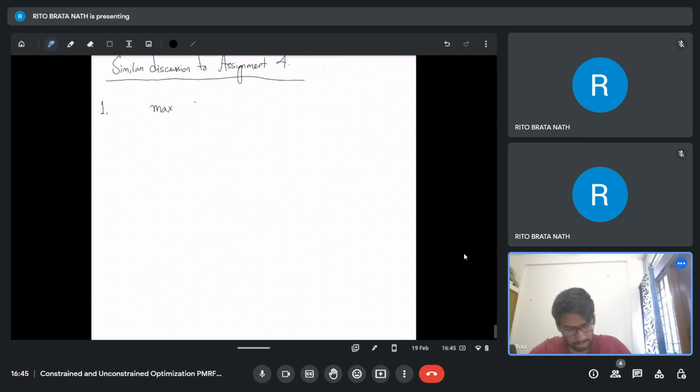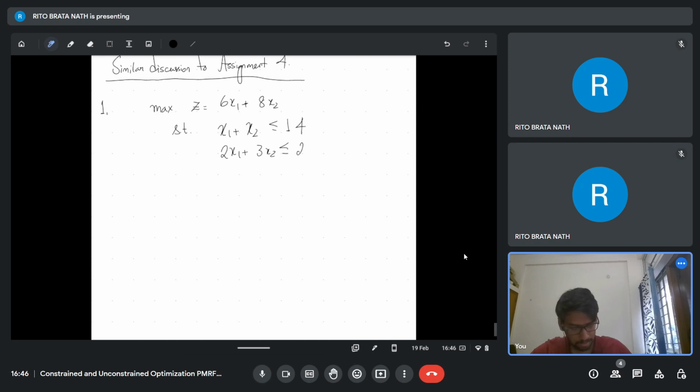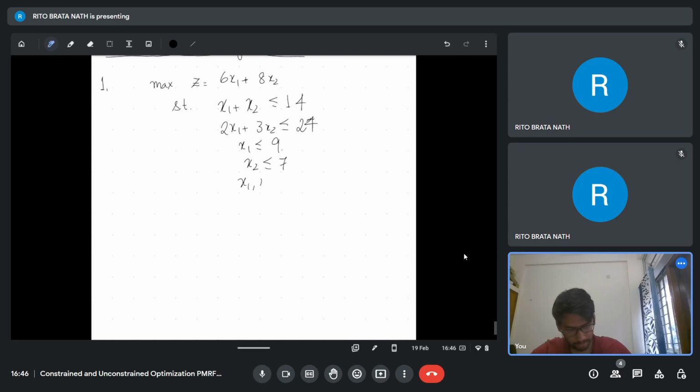Say max of z, say 6x1 plus 8x2, subject to, say I give you x1 plus x2 less than or equal to 14, and 2x1 plus 3x2 less than or equal to 24, and x1 is less than or equal to 9, and x2 is less than or equal to 7. And x1 and x2 are greater than or equal to 0.